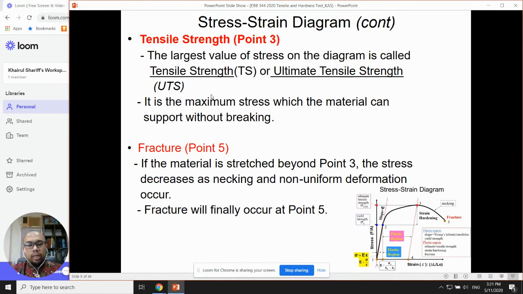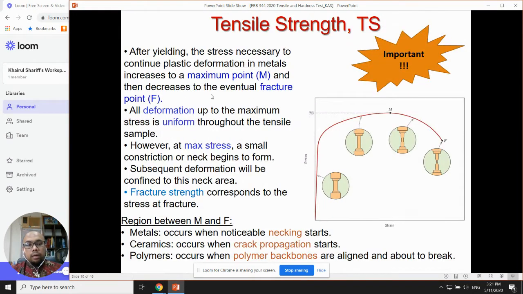For tensile strength, I put something like a bright star on the graph. The tensile strength or UTS is the maximum point. If the material is elastic, when you pull it in the opposite direction, it still maintains its shape.